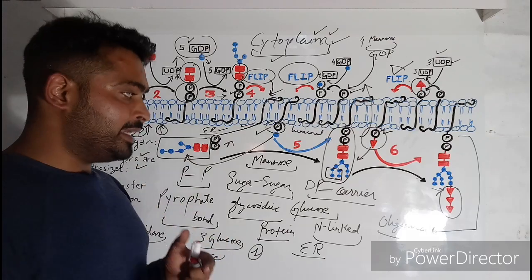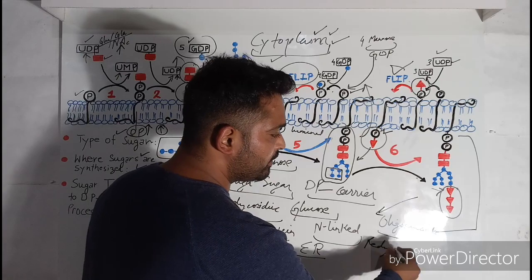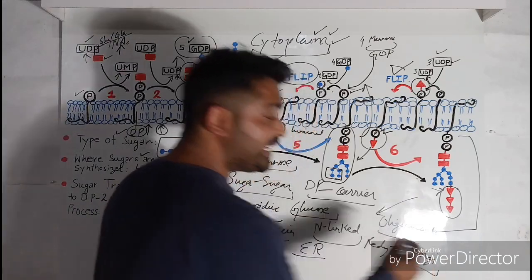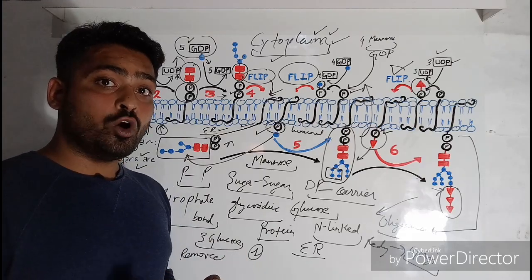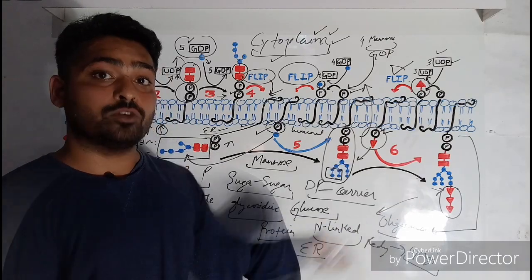And after this the chain is ready to be sent to the Golgi. So we can say N-linked glycosylation acts as a base for further modification of this oligosaccharide chain in Golgi.